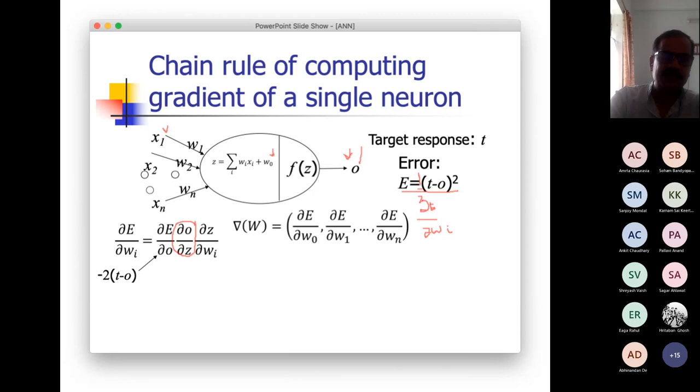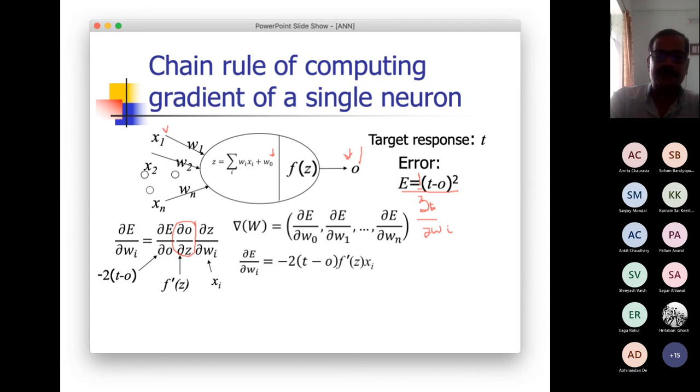This I am just expressing as f prime of z, that is the derivative of that function. Depending upon the function, this derivative needs to be computed. And as you know, the linear relationship between z and xi is already there, so you simply get the input xi. That is how you get it.